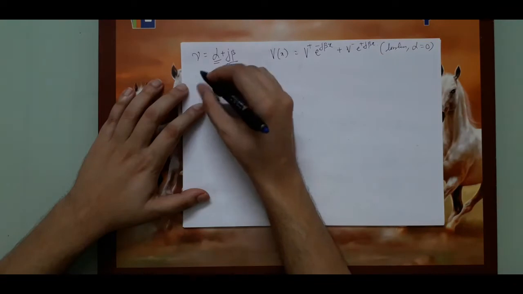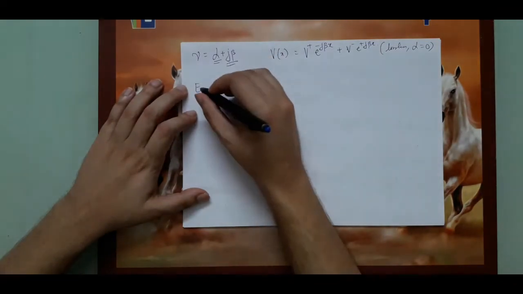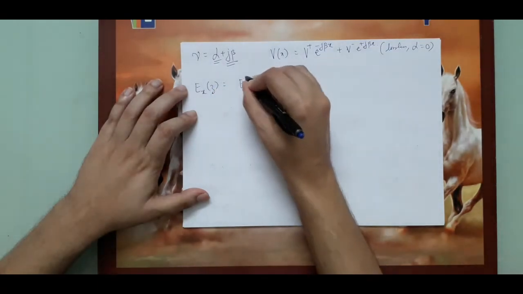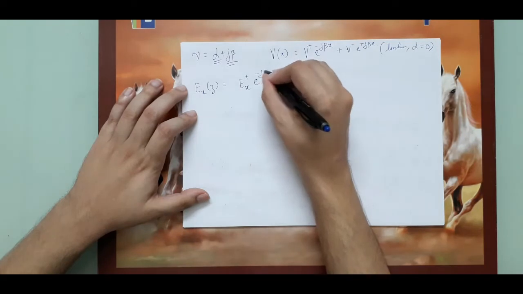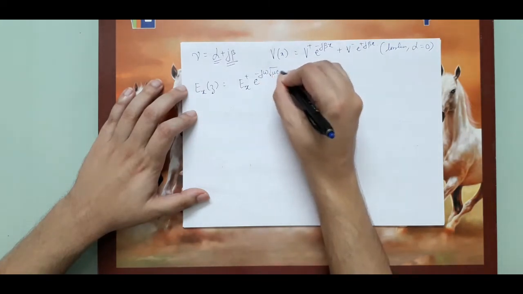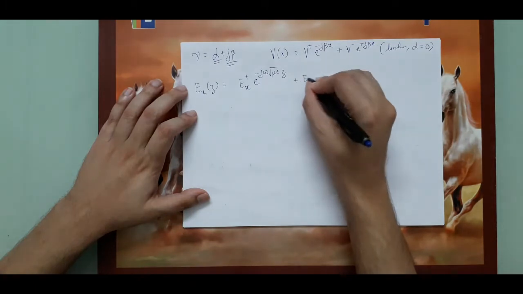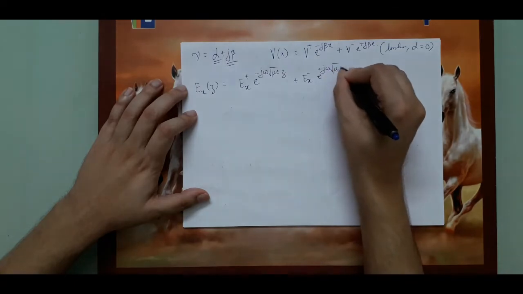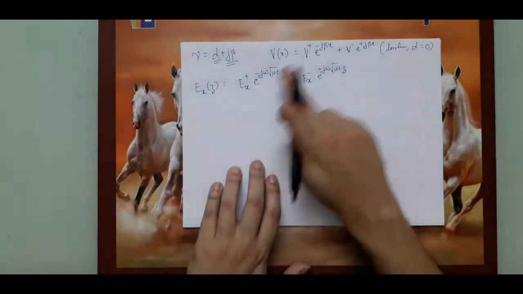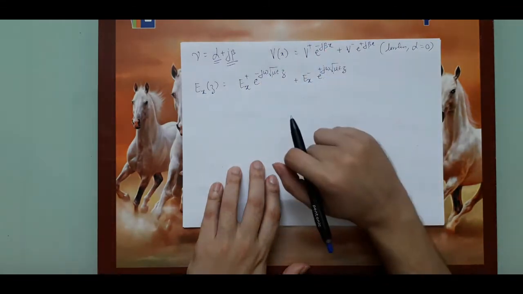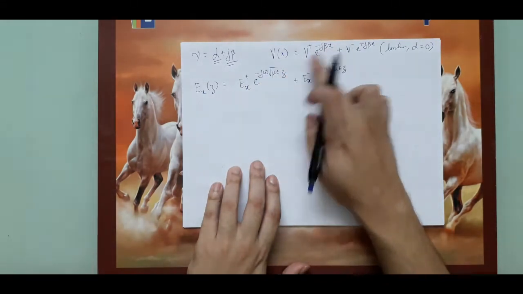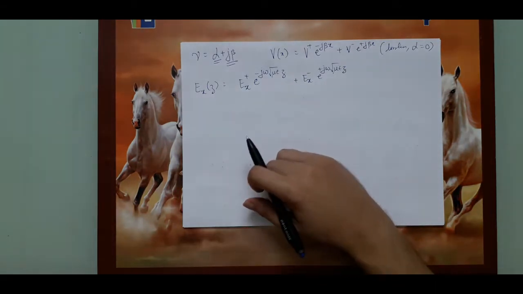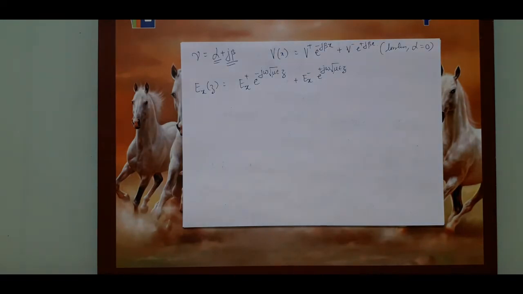Now what we are seeing for our electric field as a function of z is something of this kind. Even over here, the power of e is imaginary, because the medium that we are assuming is purely homogeneous.